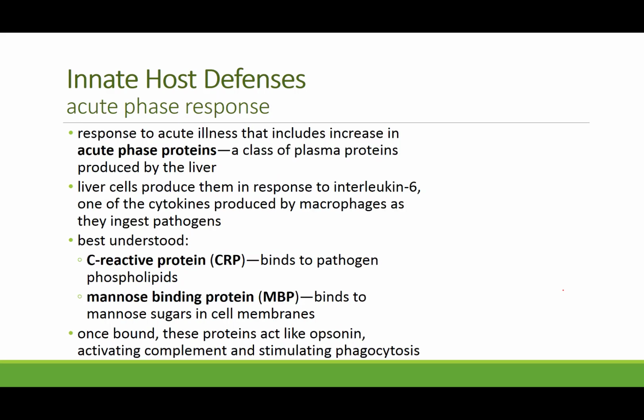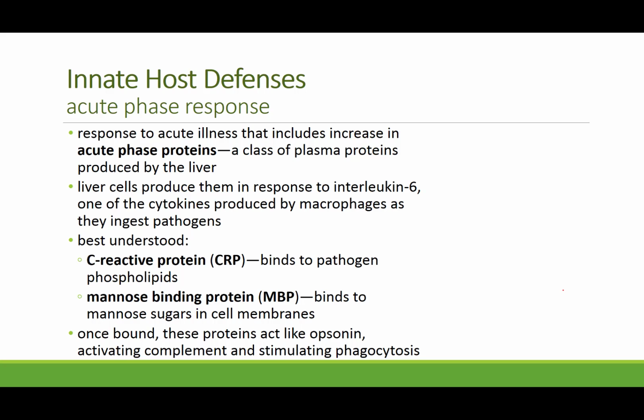Okay, so a third of these molecular defenses is the acute phase response. And that is a response to acute illnesses. So as illnesses come on, that causes an increase in acute phase proteins. They're just another class of the plasma proteins that are made by the liver and found in blood plasma.